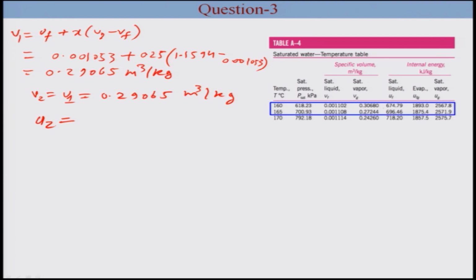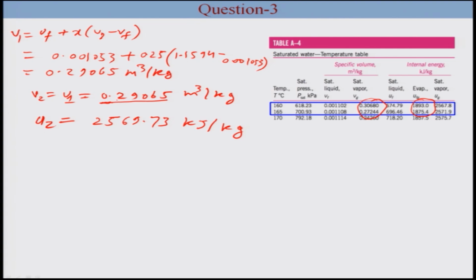We don't have the internal energy corresponding to this specific volume exactly, so we have to interpolate between these two volumes. After interpolating, we get 2569.73 kilojoule per kg. So this is the internal energy at this specific volume.